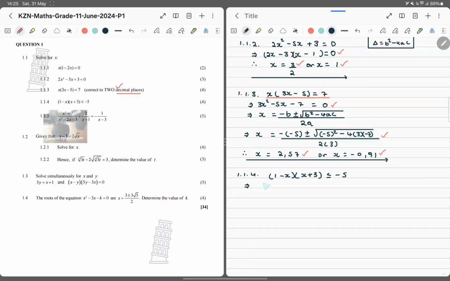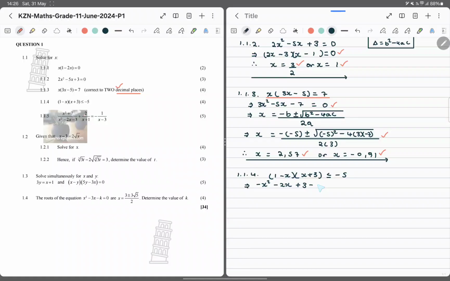Foiling this out, what do we get? Minus x squared here, and we're going to get x minus 3x, which is minus 2x, and we've got plus 3.